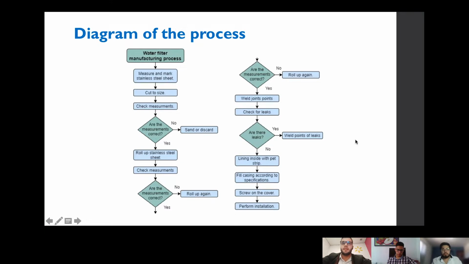The water filter manufacturing process starts with measuring and marking the steel sheet. The next is to cut to size. The next is check measurements, and are the measurements correct?